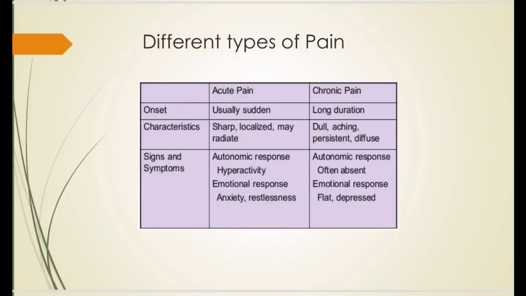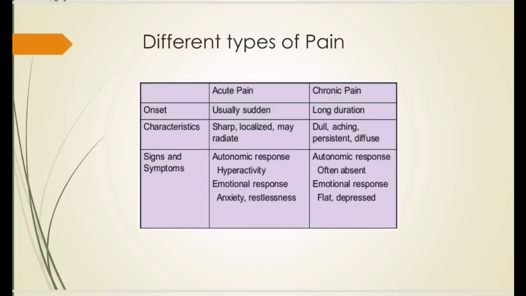If I look at the emotional response, or if I look at the body, I will not see any signs of damage or injury, okay? Because now it's very old. And if I look at the emotional response of the person, they are usually very flat and tired, alright? So they are usually depressed, they are tired, they have been living with this pain for a long period of time, they have been trying a lot of different things, nothing has worked, okay?